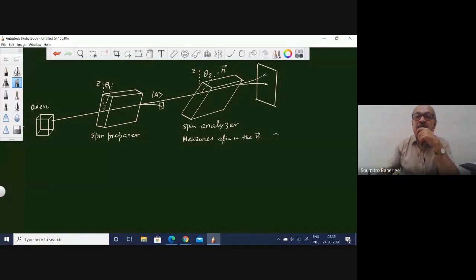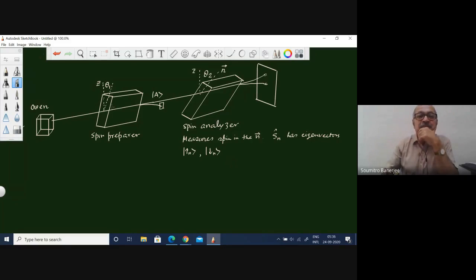So that is Sn, as we have denoted earlier. And this operator in the n direction has eigenvalues and eigenvectors. The eigenvectors are up in the n direction and down in the n direction. These are the two eigenvectors. So this is what this guy does.